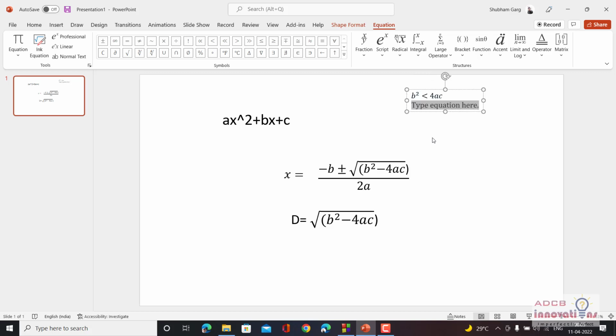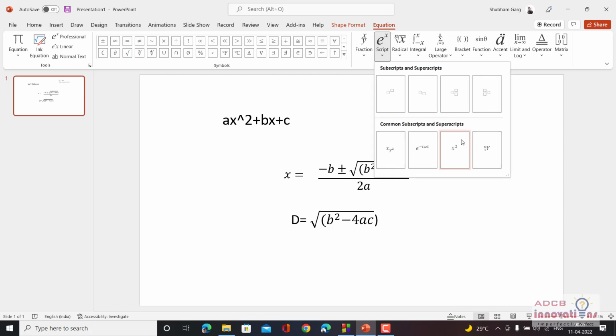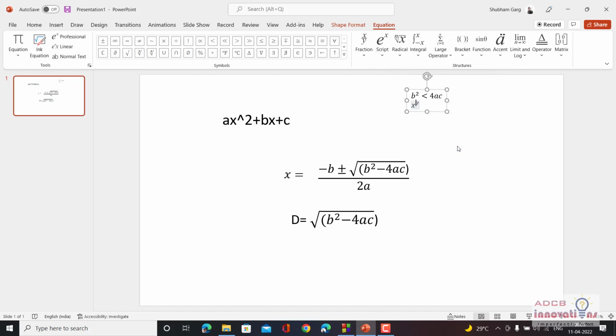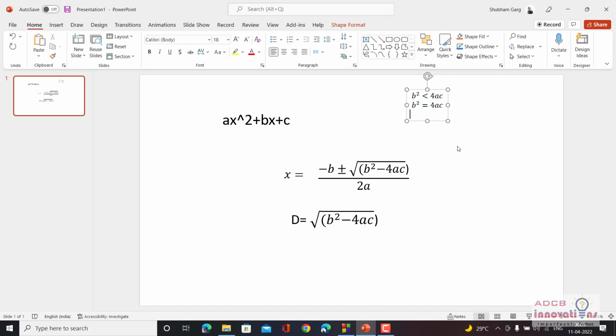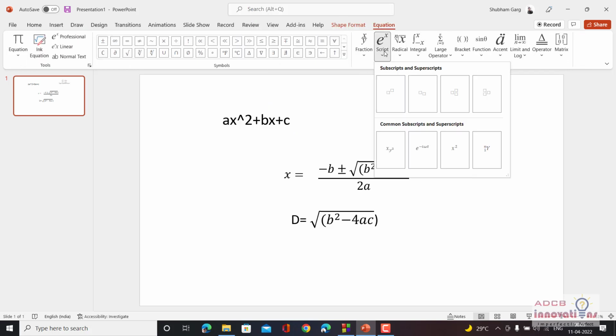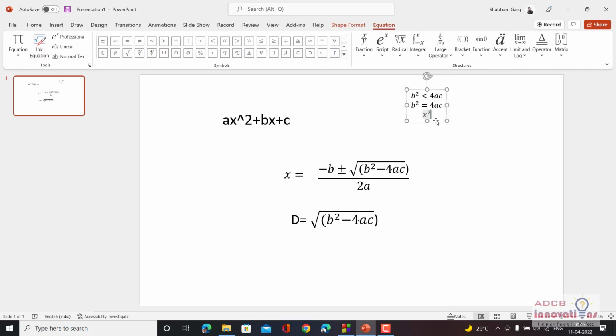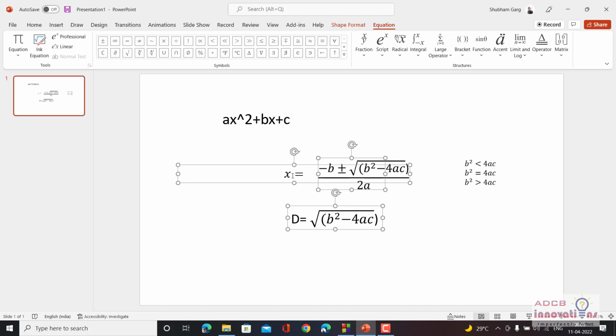The next case is b square is equal to 4ac, and the third case, as you have already guessed, is b square greater than 4ac. Alright, so based on these three cases, there are different categories of the roots which we are going to find for the equation.